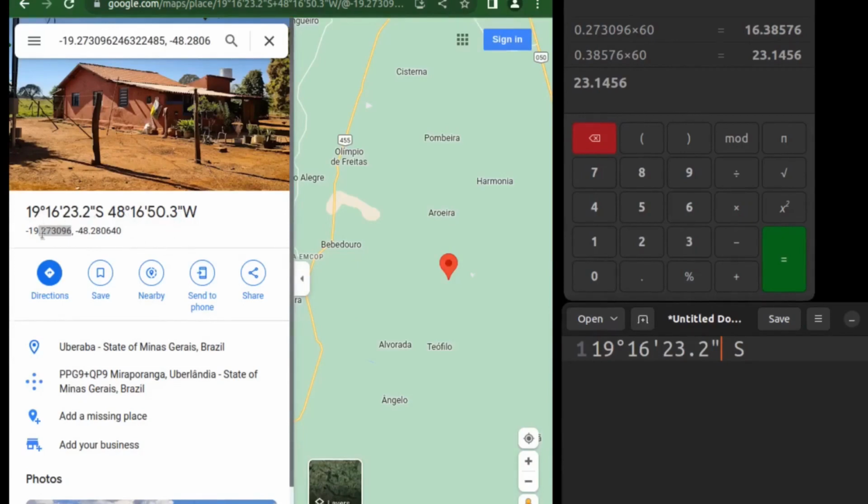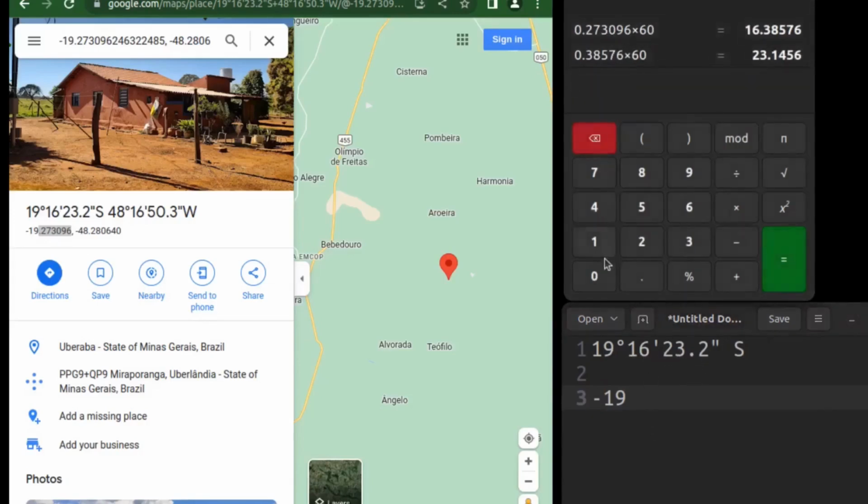Now let's see how to convert this to decimal format. First, put the degree. Since it is south of the equator, make it negative. And here we have 16 minutes and 23.2 seconds. First, convert 16 minutes to seconds.